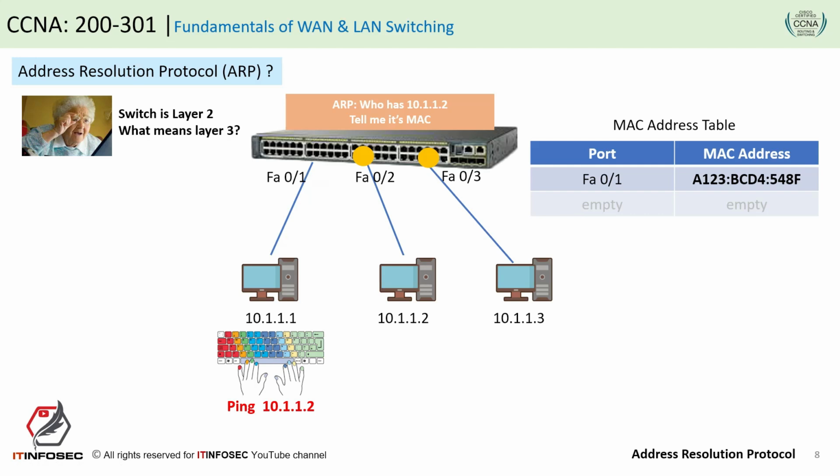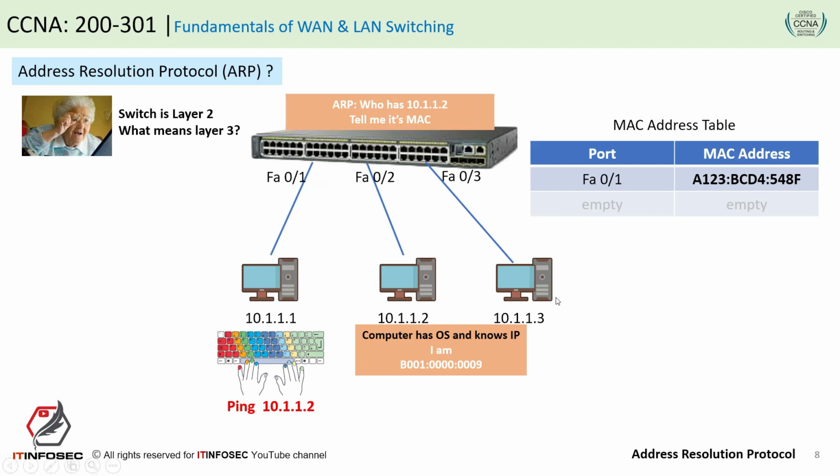The switch doesn't have any information about the IP address. Who has 10.1.1.2? Tell me its MAC address, and broadcast, just its first packet, from all ports to the other computers, because all computers have an operating system and use IP addresses.